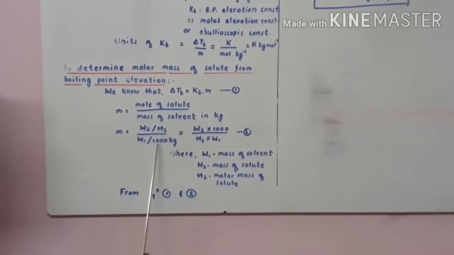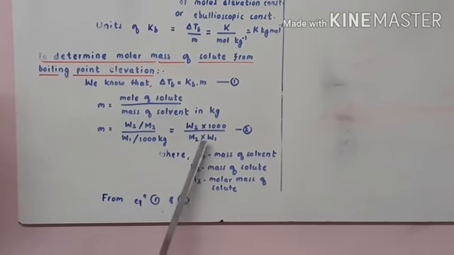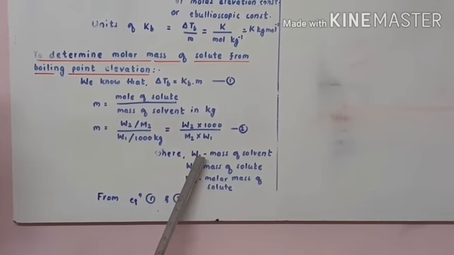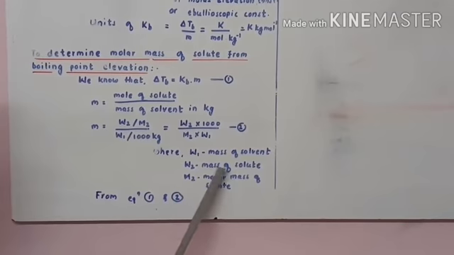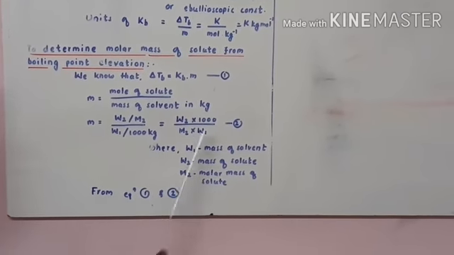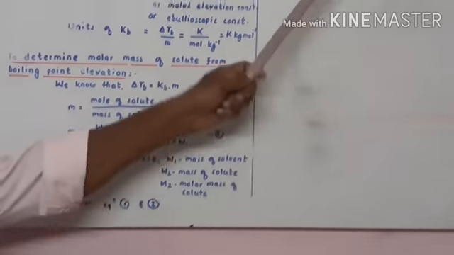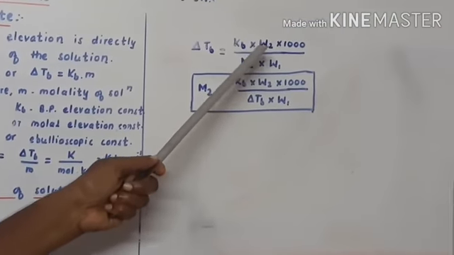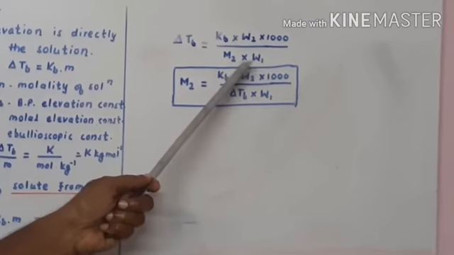By rearranging this, we will get W2 into 1000 upon M2 into W1. Here W1 is the mass of solvent, W2 is the mass of solute, M2 is molar mass of solute. So from equation 1 and 2, we will get delta Tb, that is boiling point elevation, is equal to Kb into W2 into 1000 upon M2 into W1.